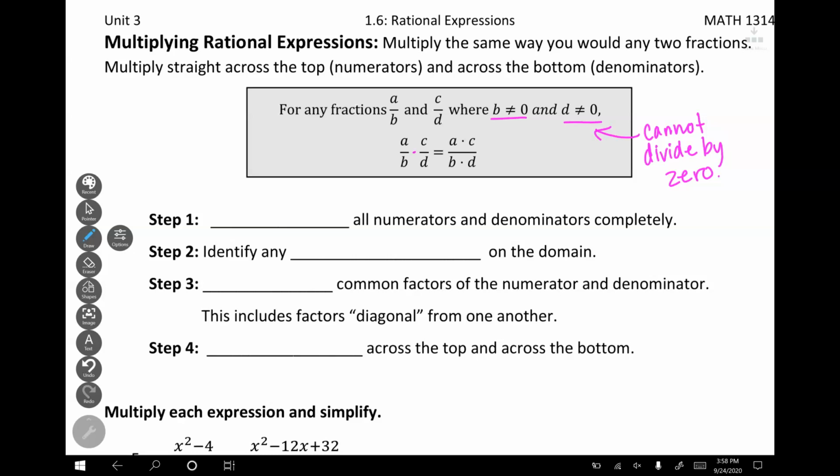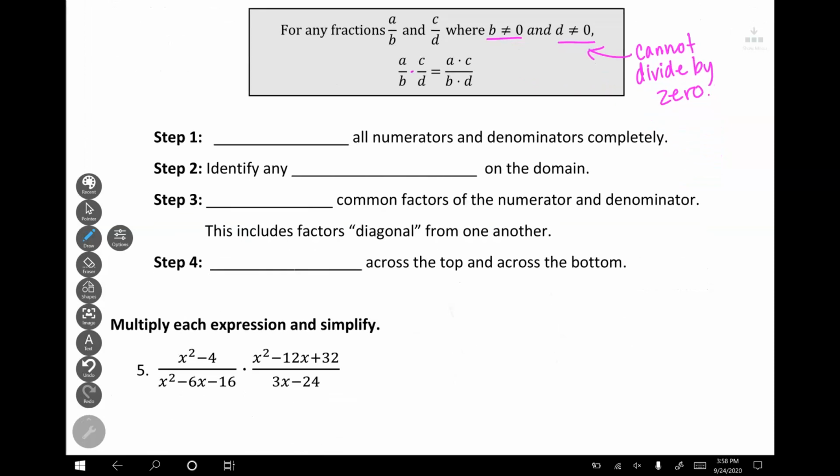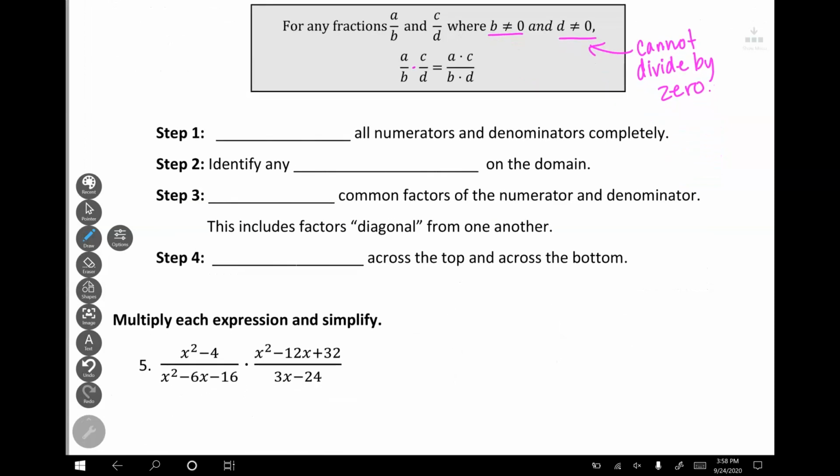All right, and I've got some steps for you here. Let's fill in these blanks. First, we want to factor all numerators and denominators completely, so same as simplifying. Step 2 says to identify any restrictions on the domain.